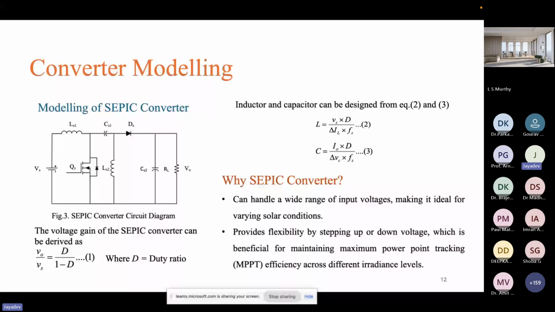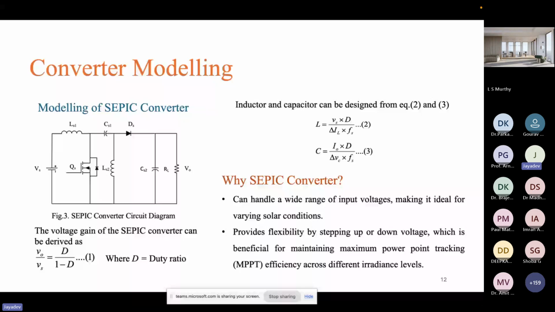If you are going to implement this system in hardware, you have to consider the hardware specification of the switch also. In simulation you are not limited, so you can go to a very high frequency so that your inductance value will be less. For hardware, if you want to do it experimentally, choosing the right frequency is very important, because the components, mostly the IGBT modules from Semikron that we are using, operate at a maximum frequency of 20 kilohertz.